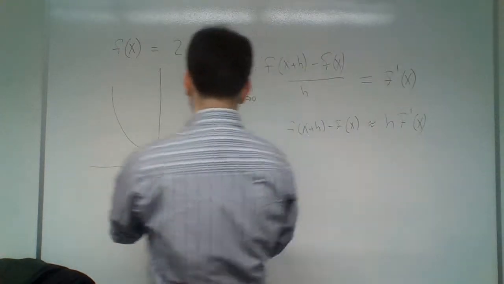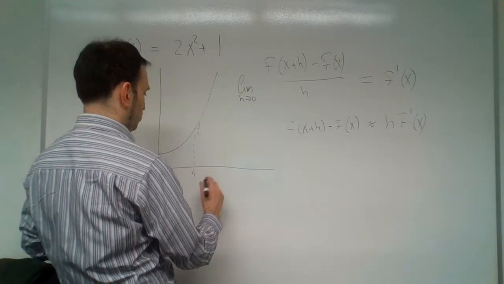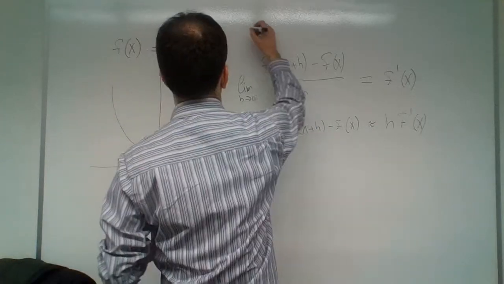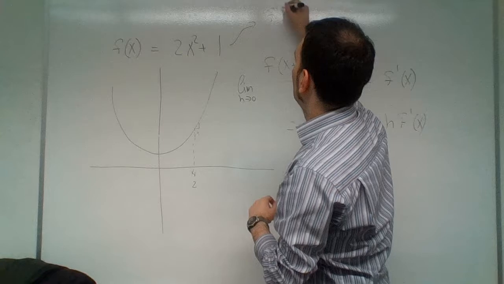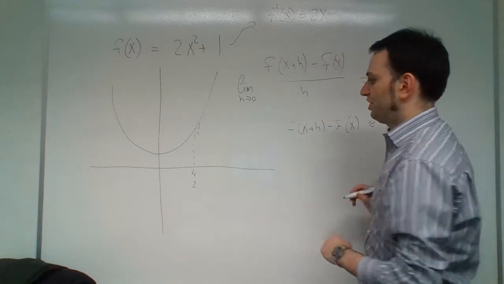So let's say that x0 here is equal to, let's say, 2, right? So we know, of course, and you can prove it using this definition, that f prime of x is equal to 2x over here.